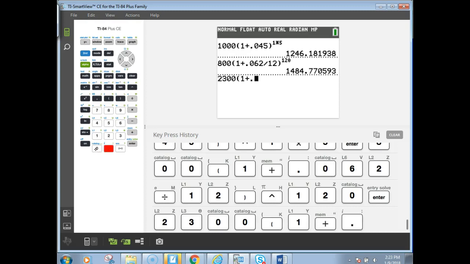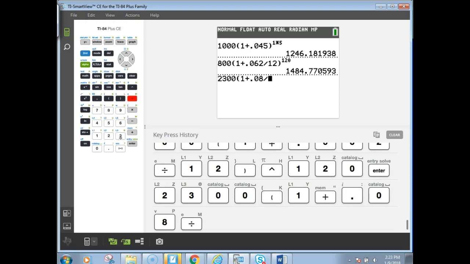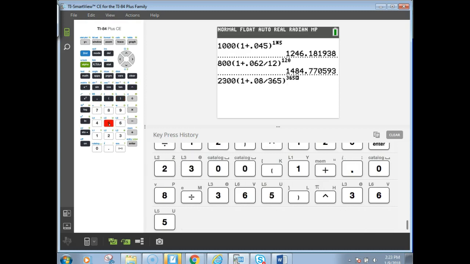I forgot the rate already, 0.08 divided by 365 to the 365 times 7. Okay. It should be $4,026.30.